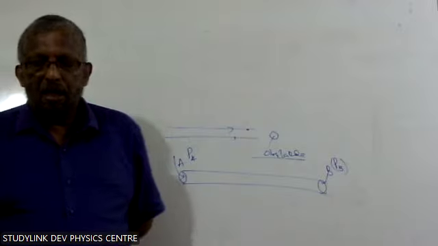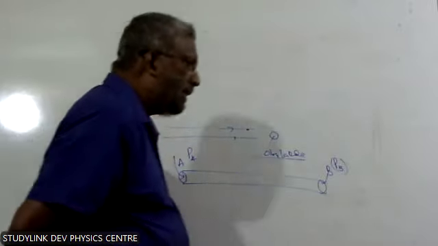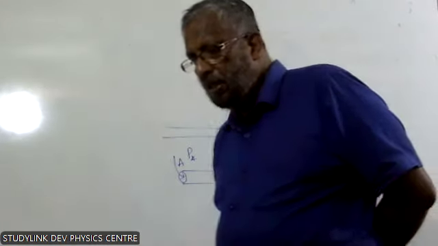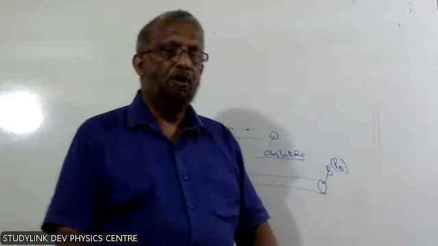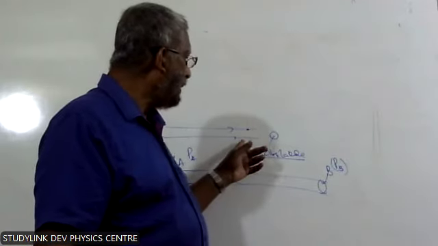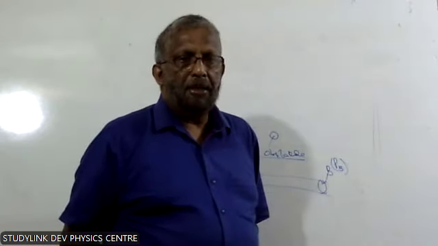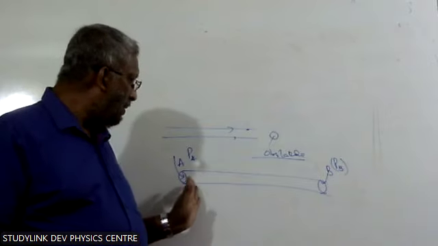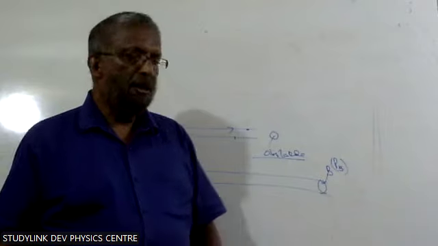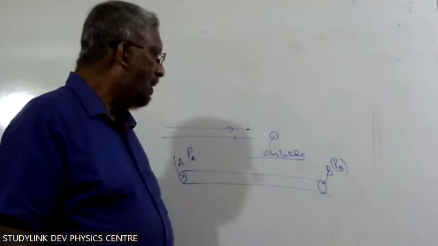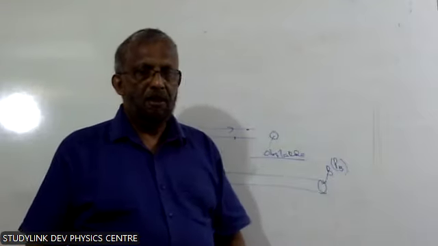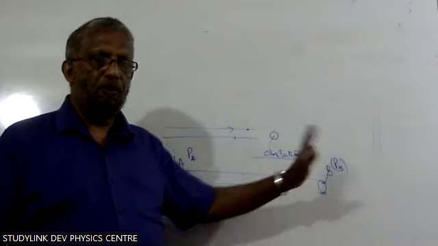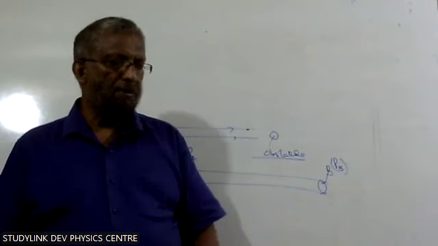A steady flow can be converted into a turbulent flow by placing an obstacle in the path of the streamlines, or when the liquid flows through a pipe or a tube, the pressure difference between the two ends is changed, then steady flow changes to turbulent flow.